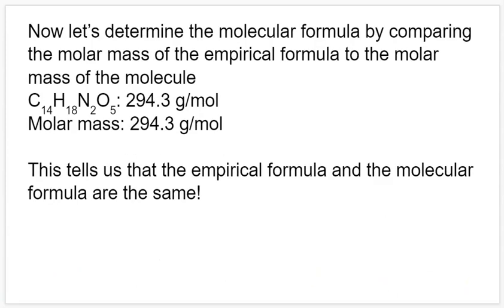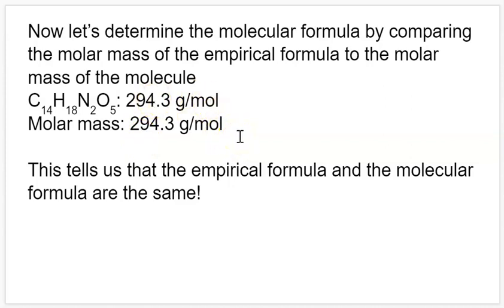Now, we were given the molar mass of the whole compound, so we need to figure out if our empirical formula is also the molecular formula. If we take this really complicated compound and calculate the molar mass like we're used to, multiplying each of our atomic masses by the number of times it appears in the compound, we end up with the same value that we have for the molar mass.